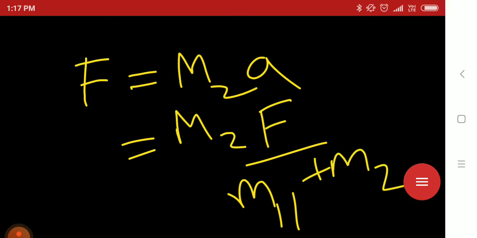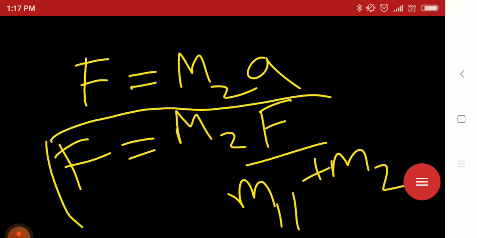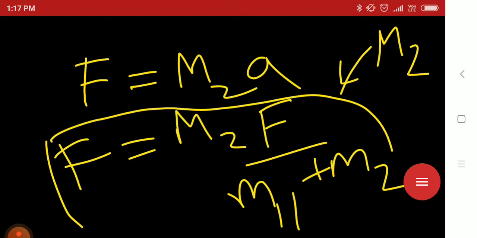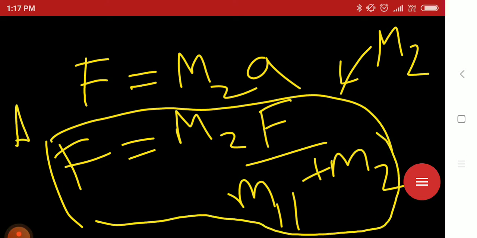So this is the force on M2, acting on M2. This is the force of contact between M1 and M2. So this is the answer.